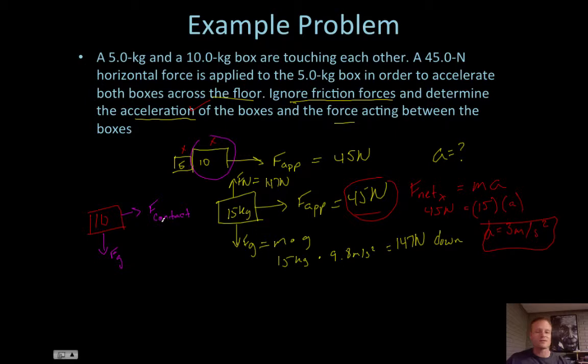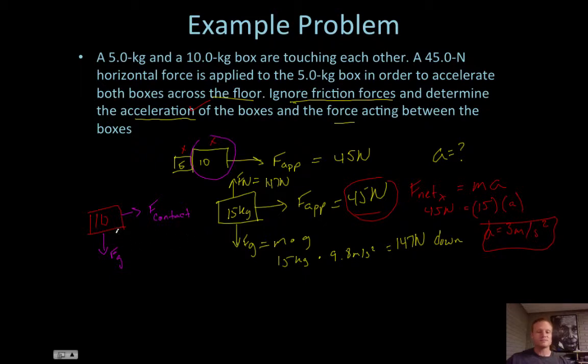You can call it whatever you want. If you want to call it F applied, that's fine. But it's not really so much an applied force that someone is pushing on it per se, but instead it's just a force of contact with another box. But again, the naming piece of it isn't all that important. So we certainly have that happening, that the 5 kilogram box is pushing on the 10 kilogram box.